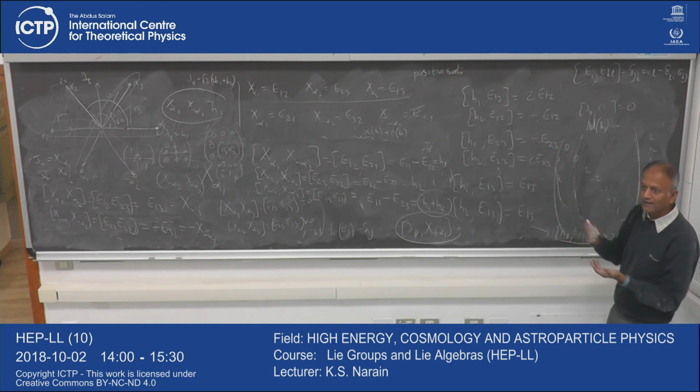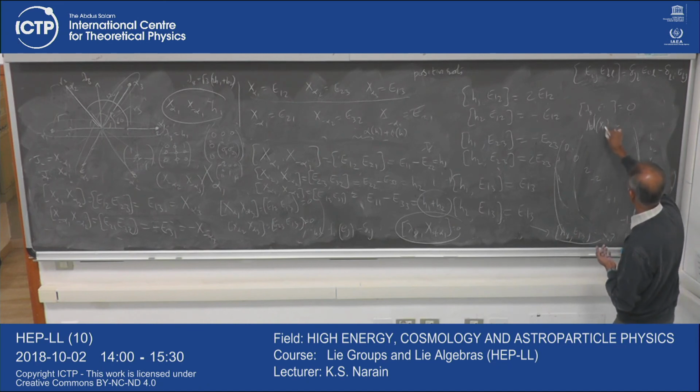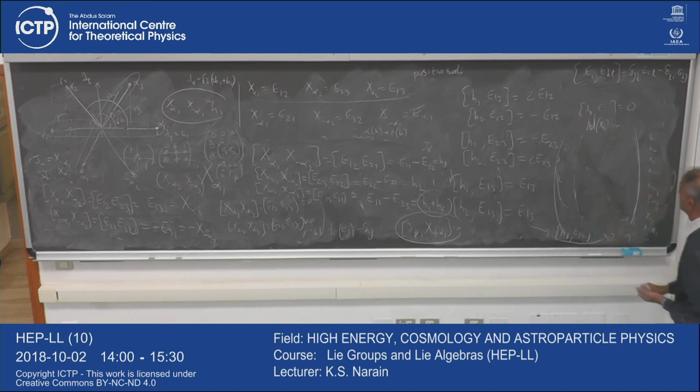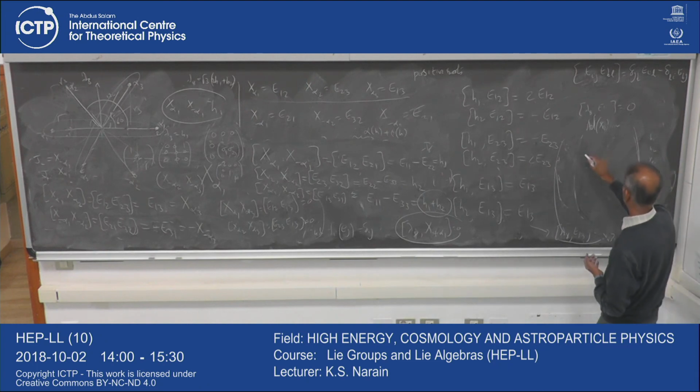But if you now look at the adjoint of X alpha 1 itself, how is it going to look? It will act on H1 and give you X alpha 1, right? So probably it's like 1, 0, 0.